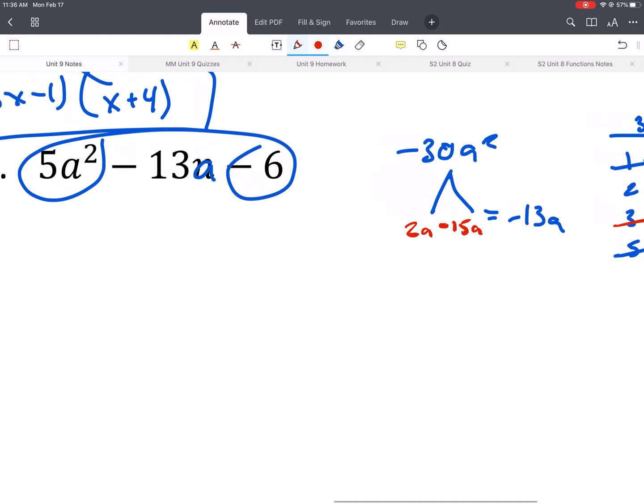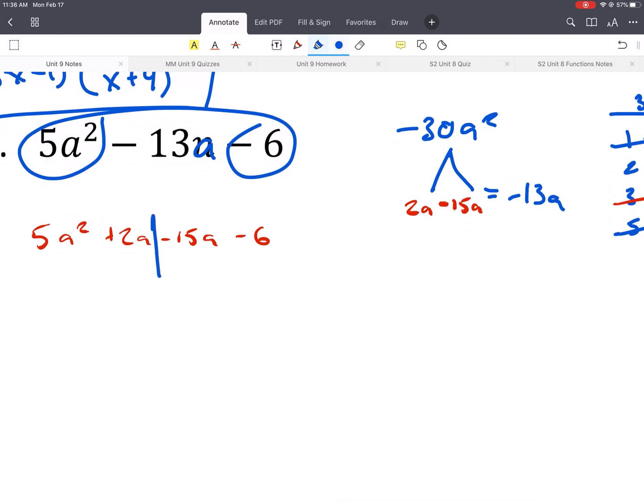Okay, so then we'll substitute that in. We'll get 5a squared plus 2a minus 15a minus 6. Cut it in half. Greatest common factor for the left side: it looks like there's only an a, so we'll divide everything by a. That leaves us with 5a plus 2.